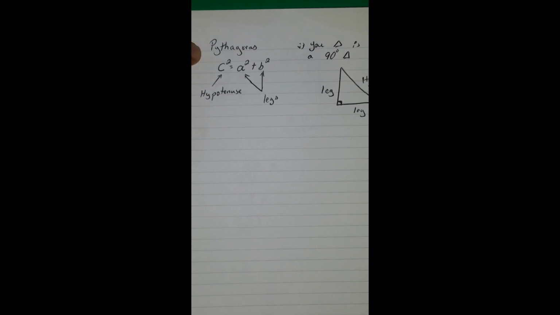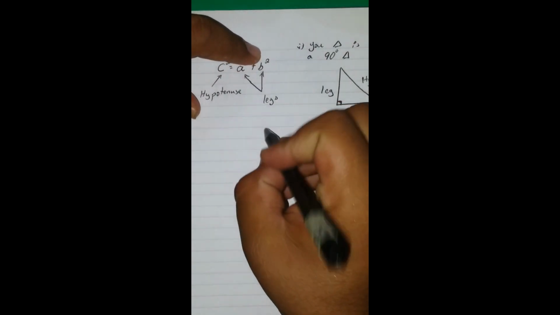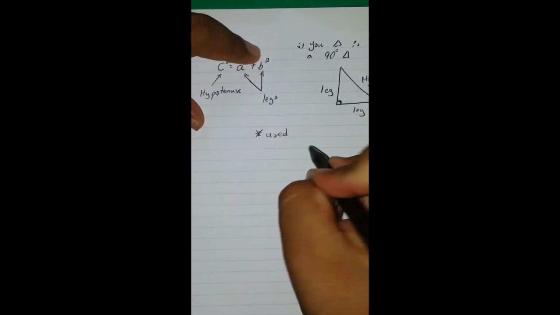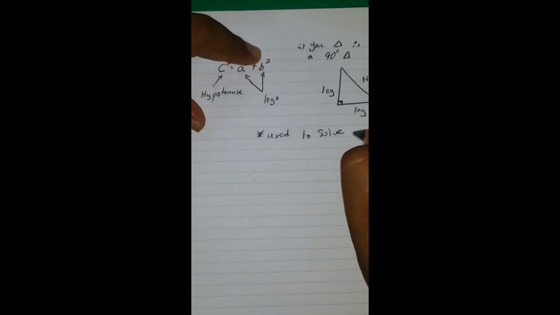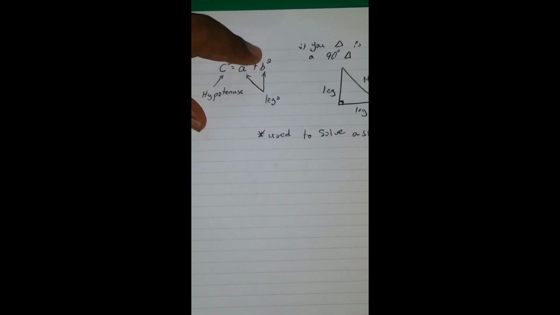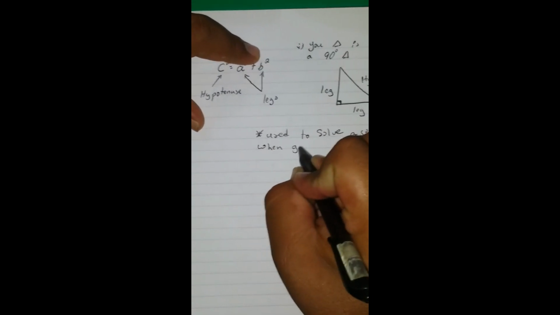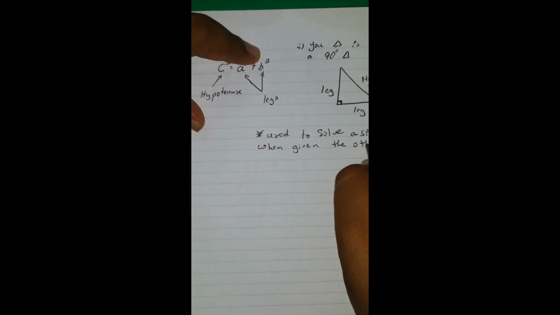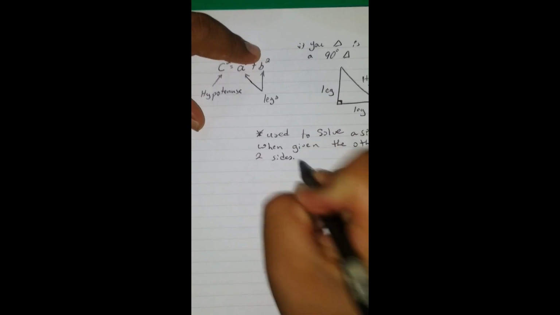Now with this formula, c squared equals a squared plus b squared, we use it to solve a side when given the other two sides, right?